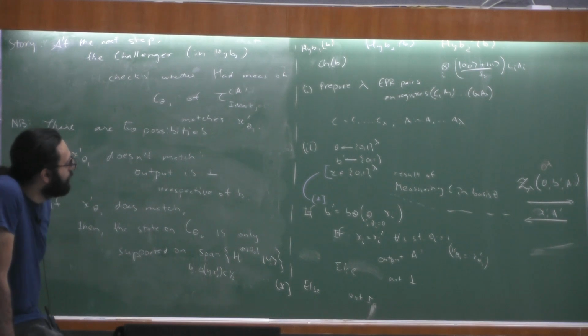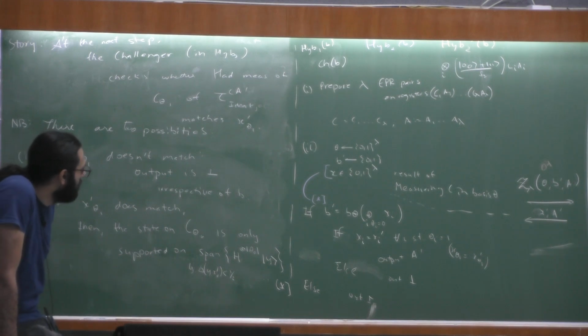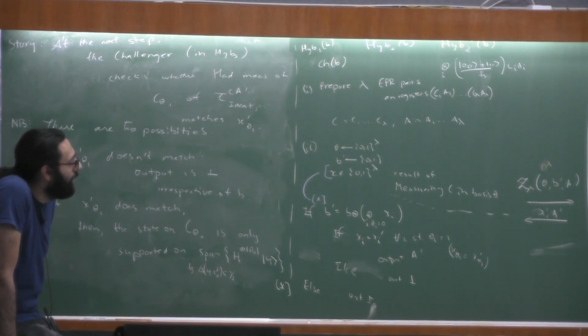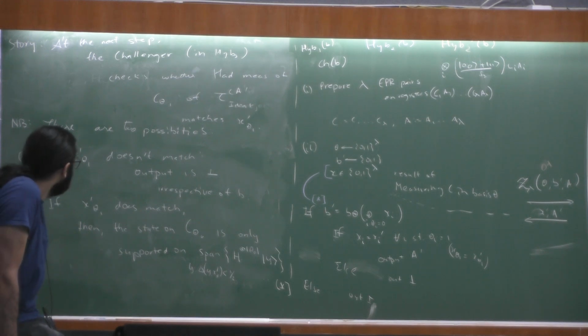So if anything is supported on identity minus pi x prime theta, then it will not lie in the relative having distance greater than half. So the theta 0 part will not lie. You are not worried about theta 1.